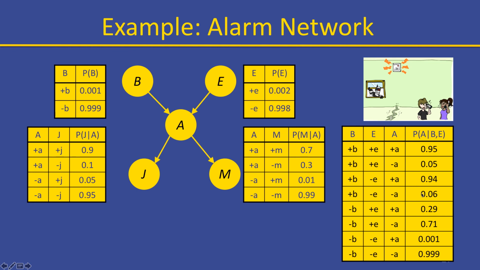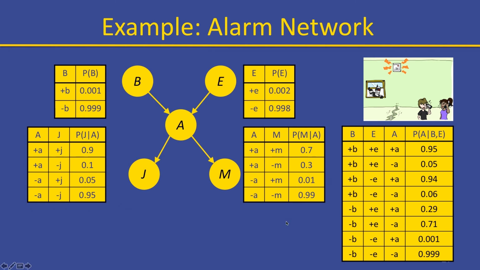Note that these values add up to 1. We have a subtable corresponding to minus B plus E, and finally a subtable corresponding to minus B minus E. So we merge all these subtables into one conditional probability table. So what this number means, this is not the joint probability of plus A plus E and plus B. This is the probability of plus A given plus B and plus E.